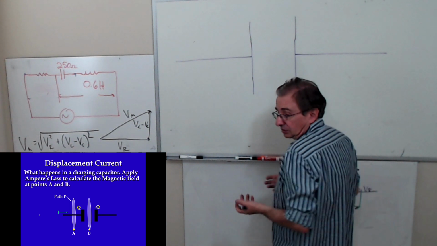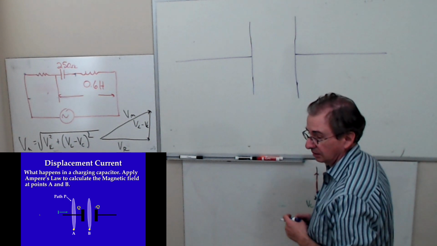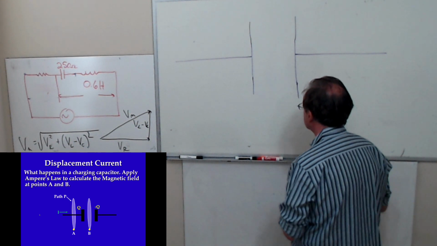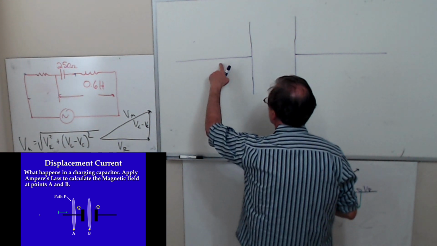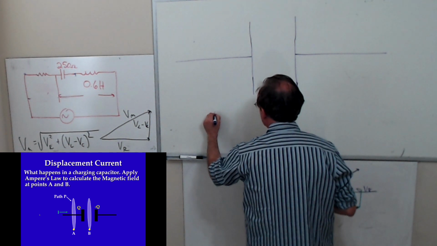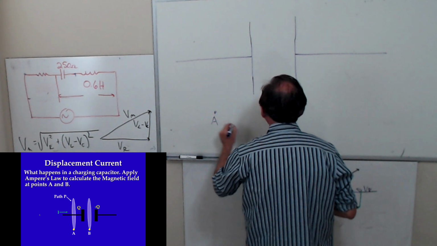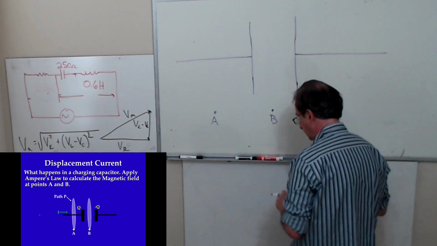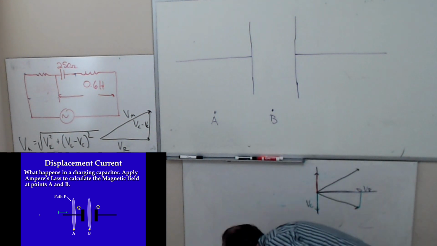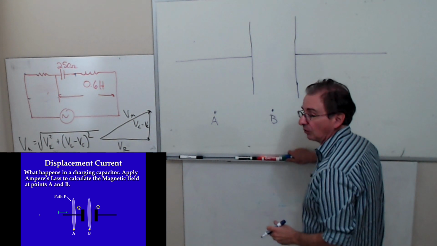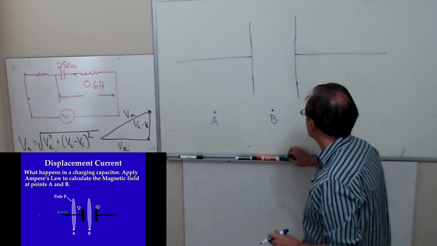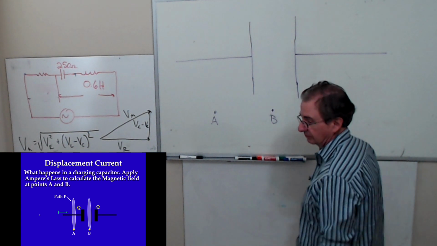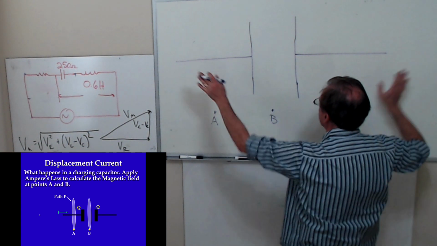And I want to calculate the magnetic field due to the current in this wire, maybe over here at point A. And I want to calculate it right here in between the plates. And let's pretend that this is a very long wire, and this separation is not that big compared to the length of the wire.